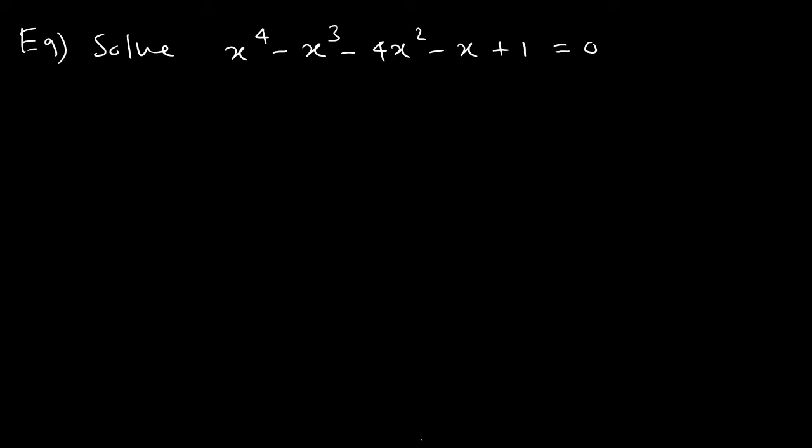Next example. Say, solve x to the 4th power minus x cubed minus 4x squared minus x plus 1 equals 0. So this is like a special problem, and you can see a few things.